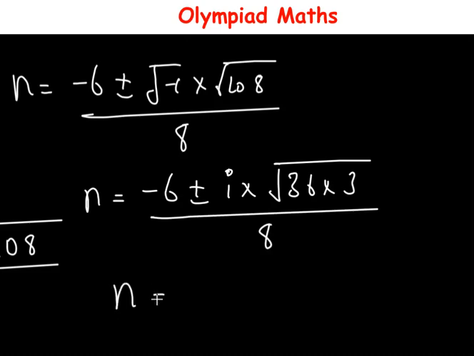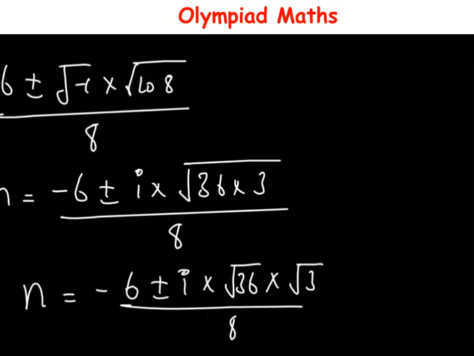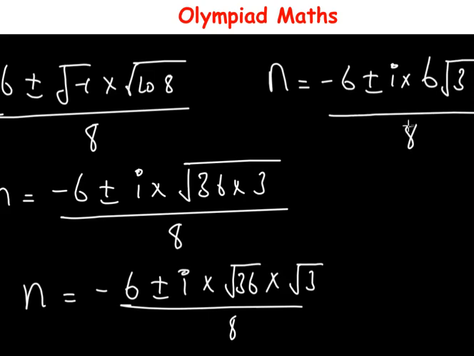So n is equal to minus 6 plus or minus i times root 36 times root 3 all over 8, and the value of root 36 is 6, then times root 3, all over 8.